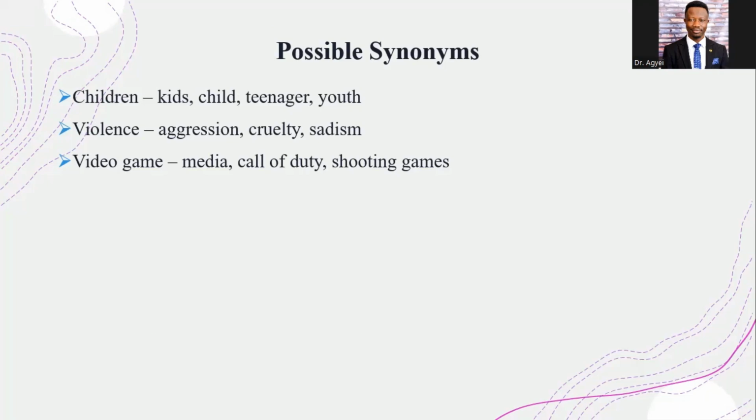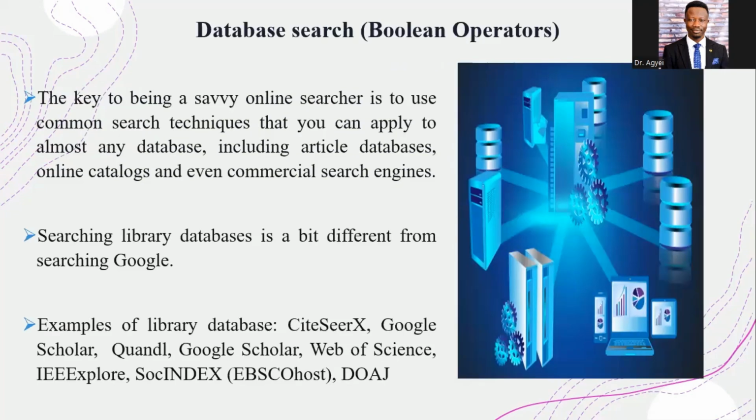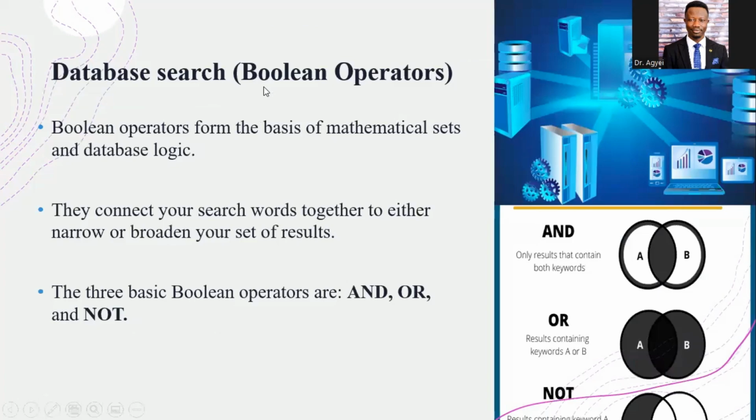How do we go about inputting those keywords in our database? This brings us to our next issue, what we call Boolean operators. Some of you who are into IT, or those of you doing mathematics as your major, are familiar with them.